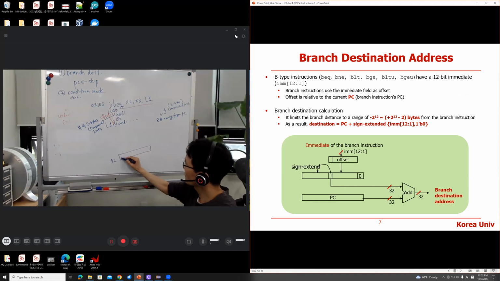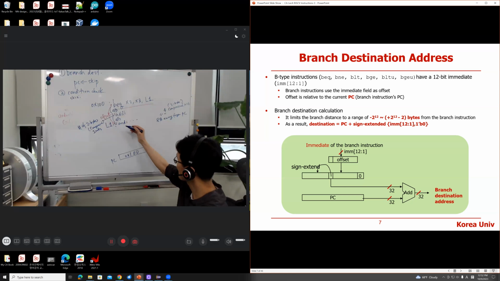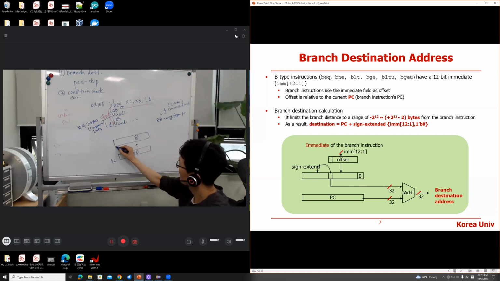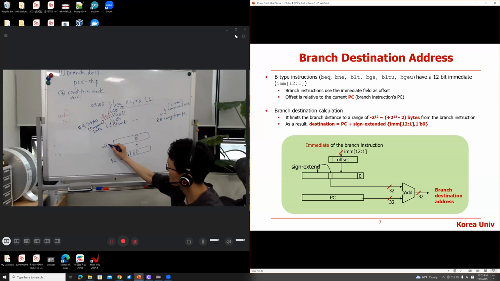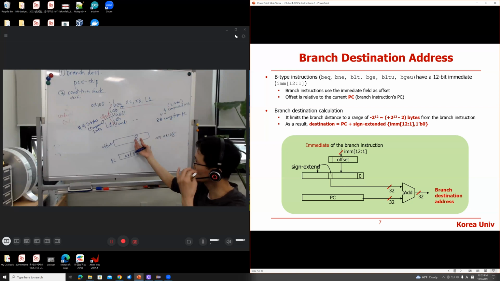Our program counter is 100, and then 8, in the forward direction, positive, should be added. So this one is the sign-extended offset, and then this one is 108. Let's compute the immediate from this information.